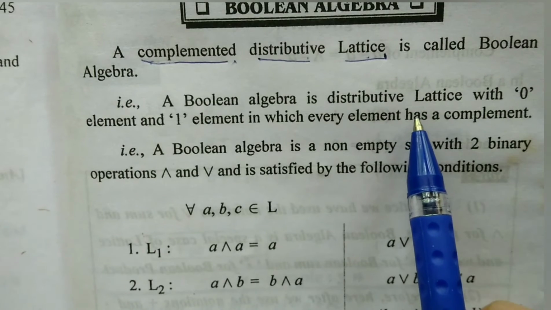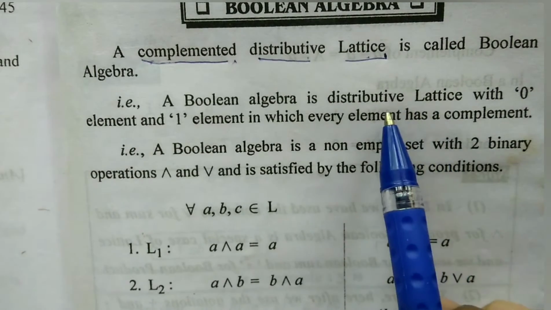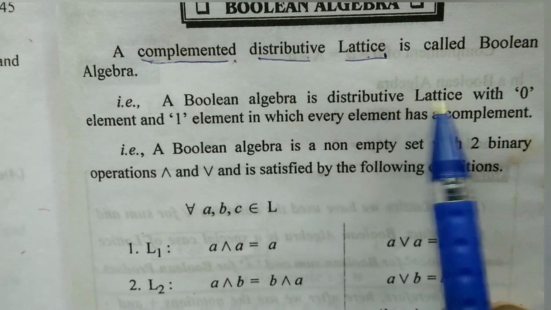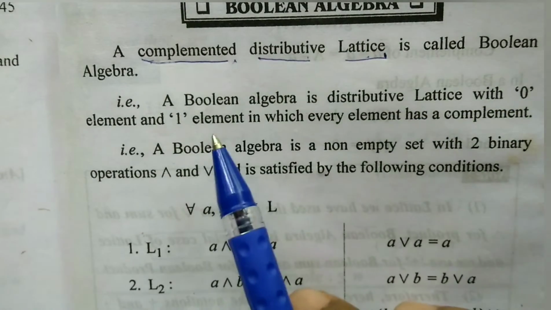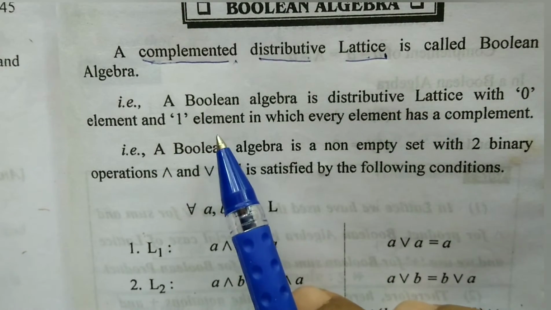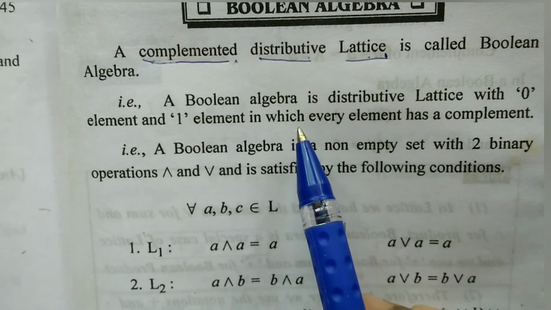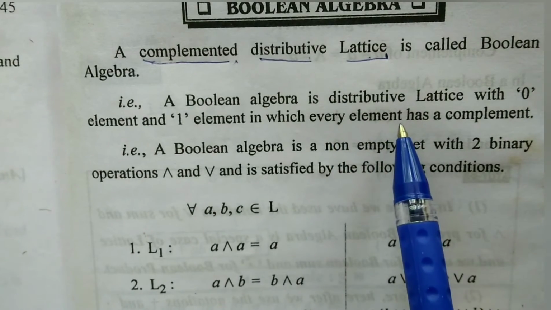Usually, it must be a lattice first. Every lattice need not be distributive, so it must be a distributive lattice. Then it has 0 and 1 element. 0 is the GLB and 1 is the LUB, and every element of that set has a complement.